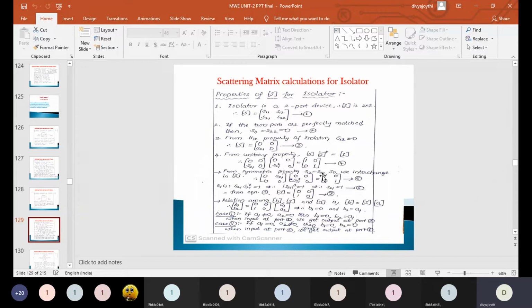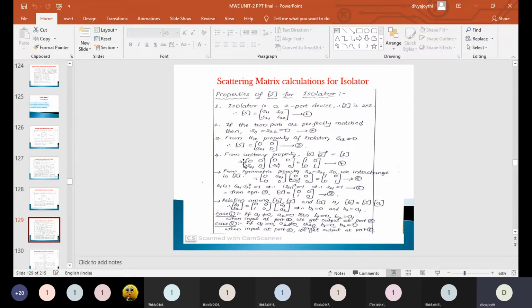Here in place of S12 we are writing S21, but what is the S12 value? 0, right? So in place of S21 we are writing 0, and this is the S12 parameter. We are just replacing this S12 parameter with S21 by applying this particular property, and you are replacing S21 with 0 using the same property, because S21 is equal to S12, but what is S12?